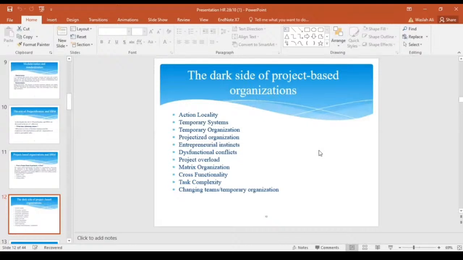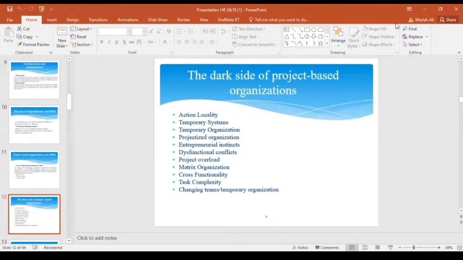Further, I am going to discuss matrix organization. What is matrix organization? Matrix organization is one in which there is dual or multi-manager accountability and responsibility. However, the term matrix means different things to different people and industries.